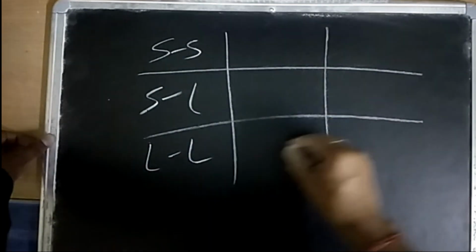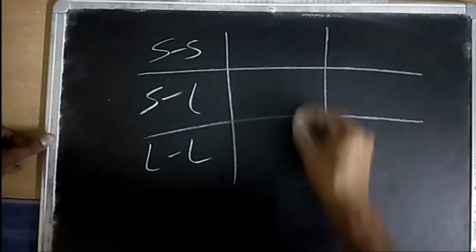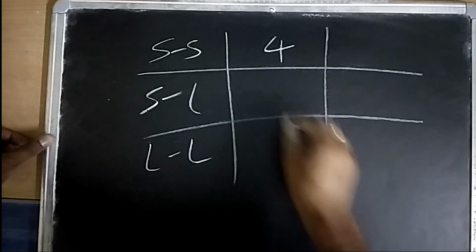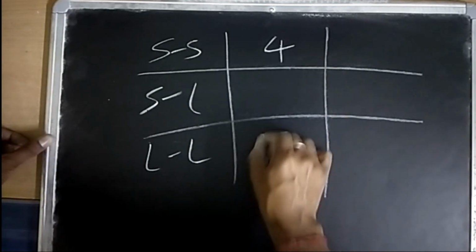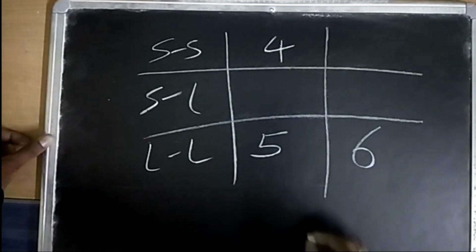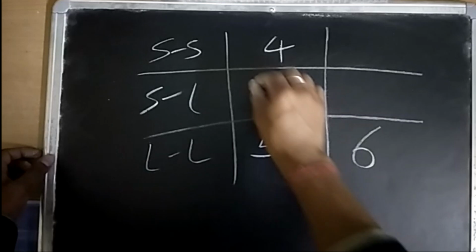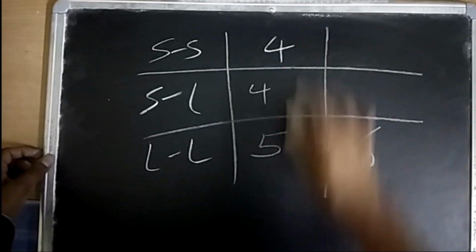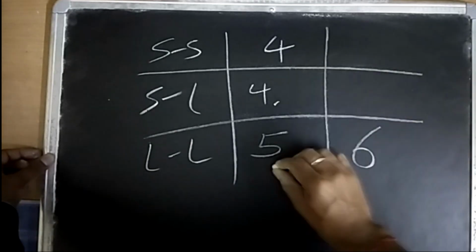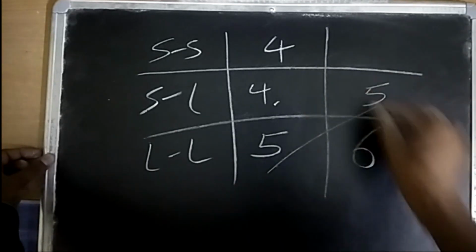Okay, I will tell you some easy way to learn. First write 4, add 0.4, and write here 5, then 4, 5 and write here 6. So it is increasing: 4 point something, 5, and 6.